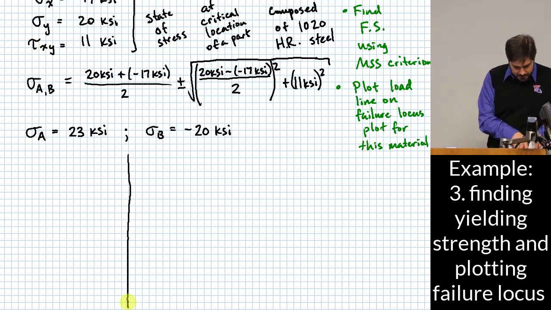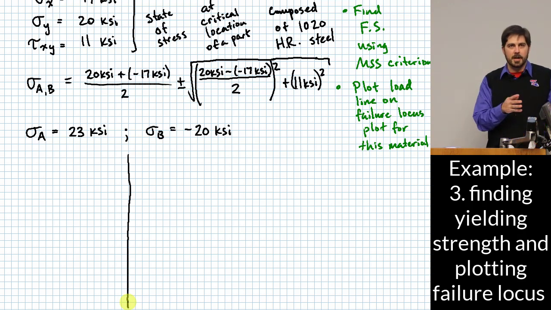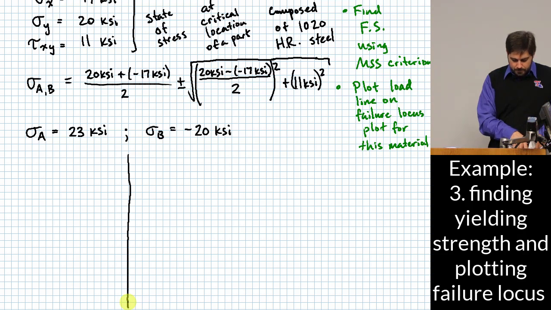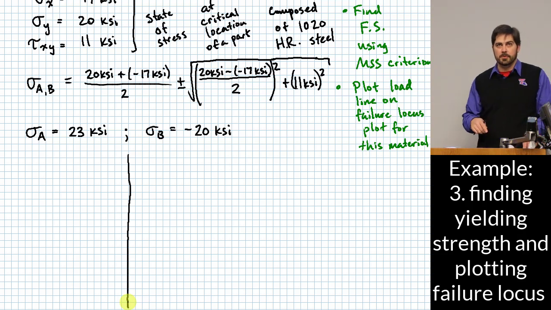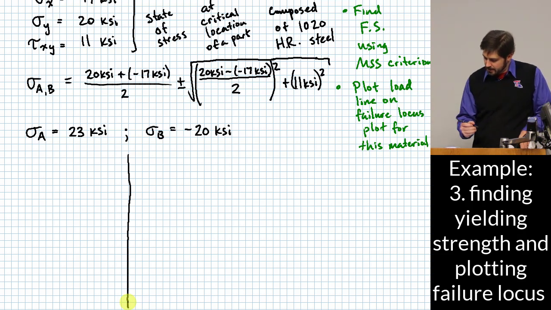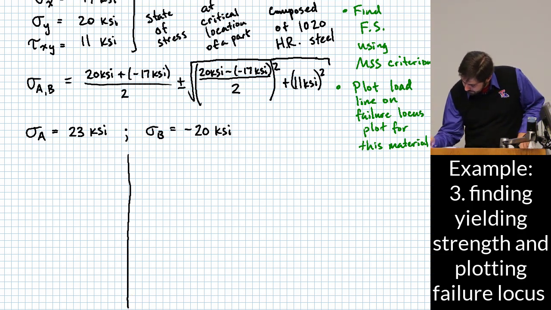It says that our tensile strength, which in this particular table is what they refer to as the ultimate strength, they just call it the tensile strength in there. Those are synonymous for the purposes of this table. And then it says yielding strength is 30 KSI, and that's what we're concerned with, the yielding strength. So S sub y is equal to 30 KSI.